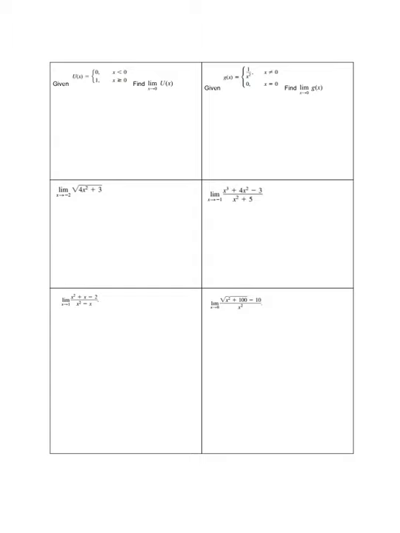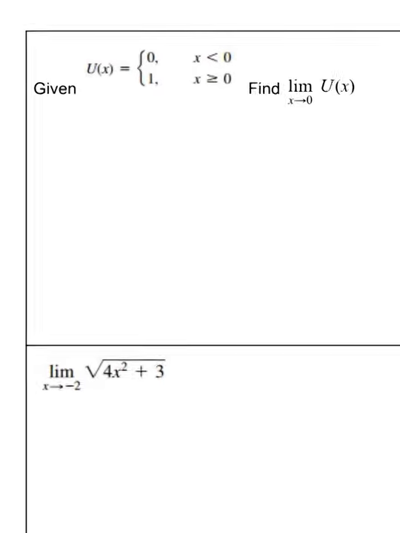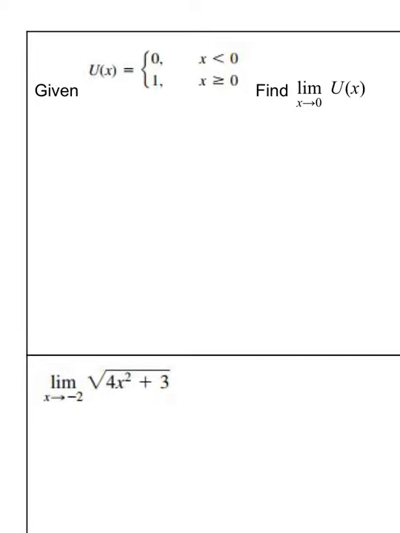And so substitution is the first way that you would try to see if you can get the answer to the limit. So let's look at this first one. This first one says, find the limit as x approaches 0 of this function u of x. Well, if we substitute in x as 0, yes, we get the number 1.